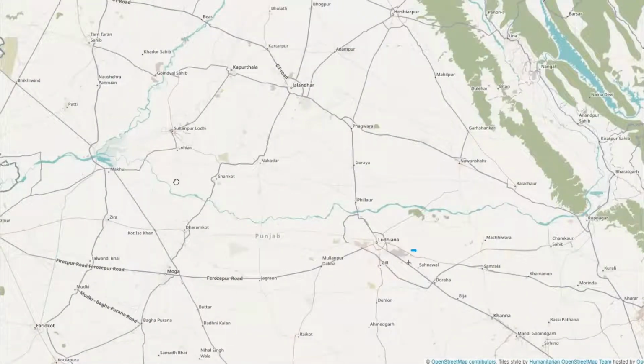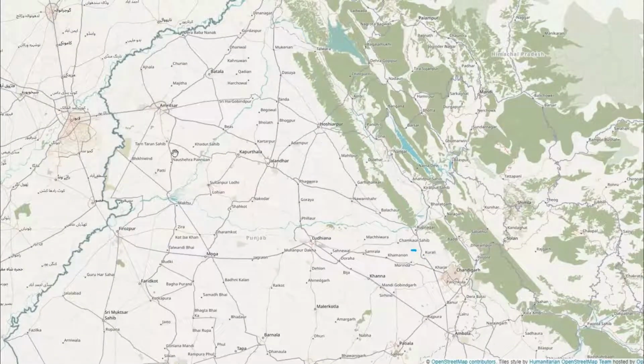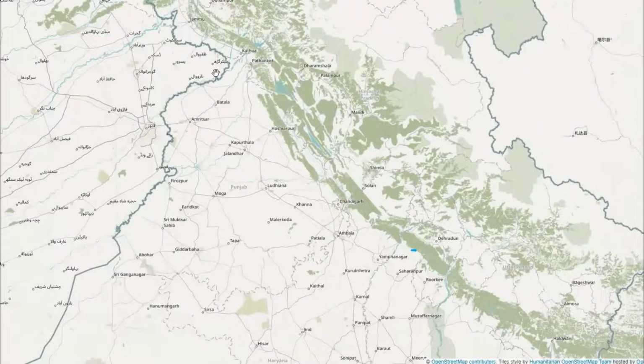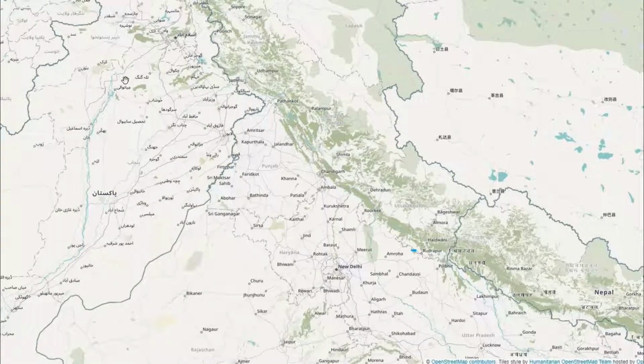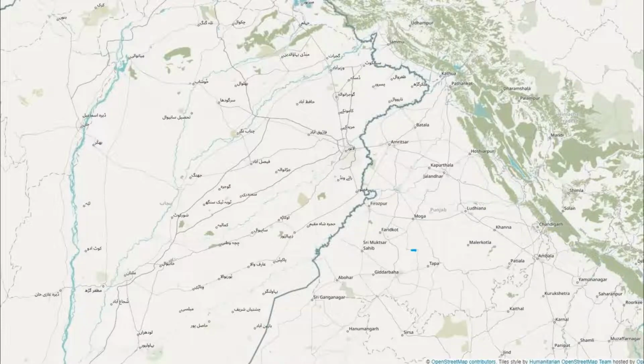As I said a few minutes ago, there are five rivers. Most of them are present in India currently, whereas the other three rivers are in present day Pakistan. You can see this one, two, and three.